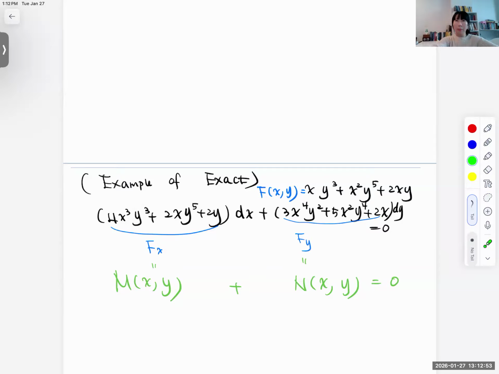We did that earlier, I mean, we did not use the terminology exact. We just said that the partial derivative with respect to x equals M of x y, and the partial derivative with respect to y is the same as N of x y, right? Okay, now let's move on.